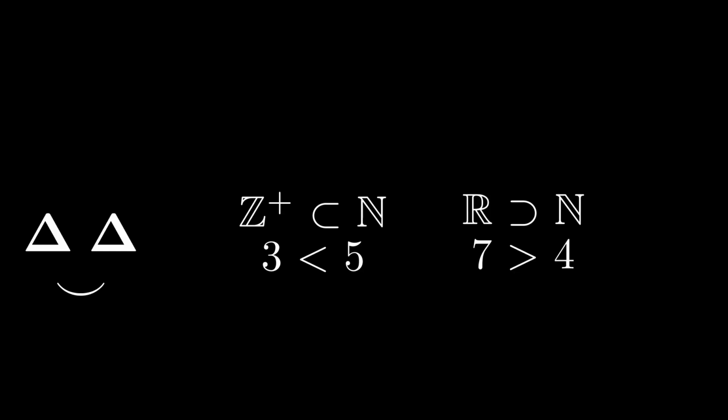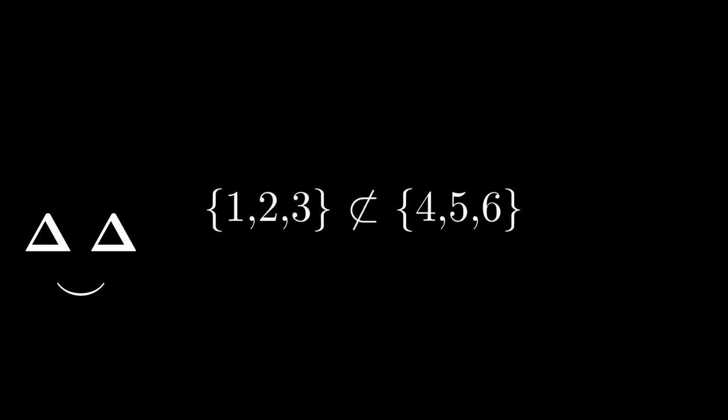You can use the same trick, imagining an alligator eating the larger number or the larger set. If a set isn't a subset because it contains values that aren't in the other set, we write the subset symbol with a line through it to show that one set is not a subset of the other.